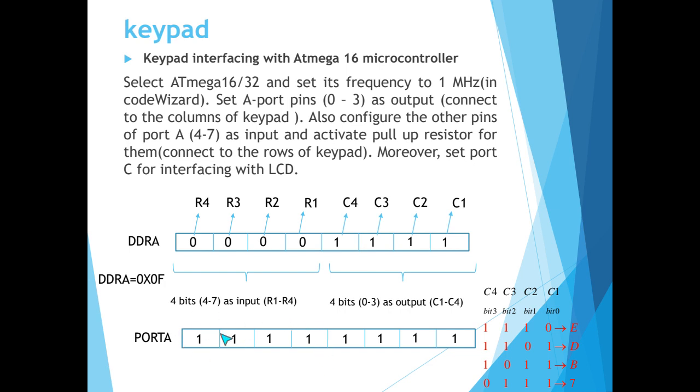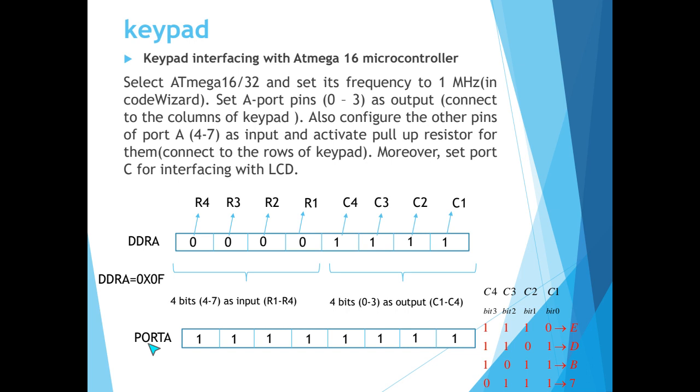You see that the initial state of all of the pins is equal to 1, and it is determined by the PORT register. We had actually talked about it in previous sessions when we were talking about output and input ports.